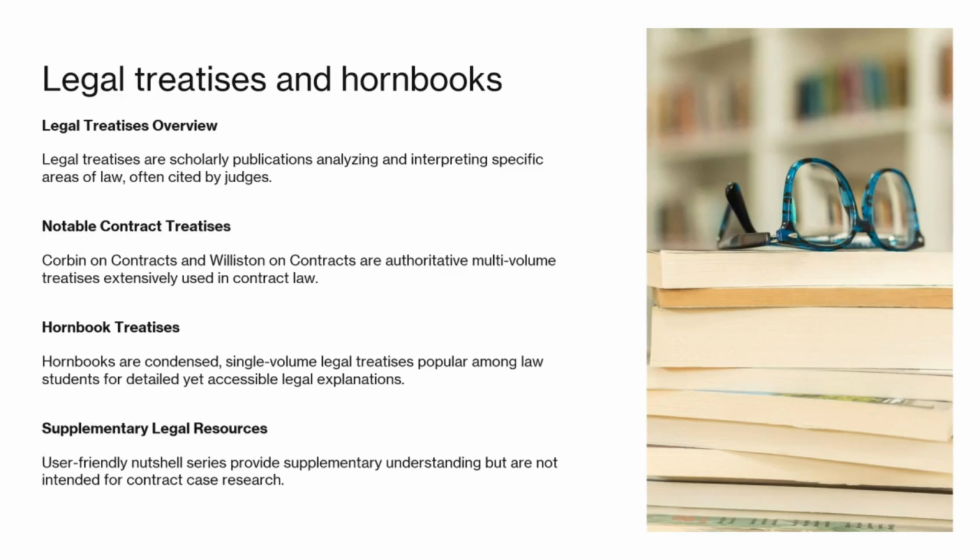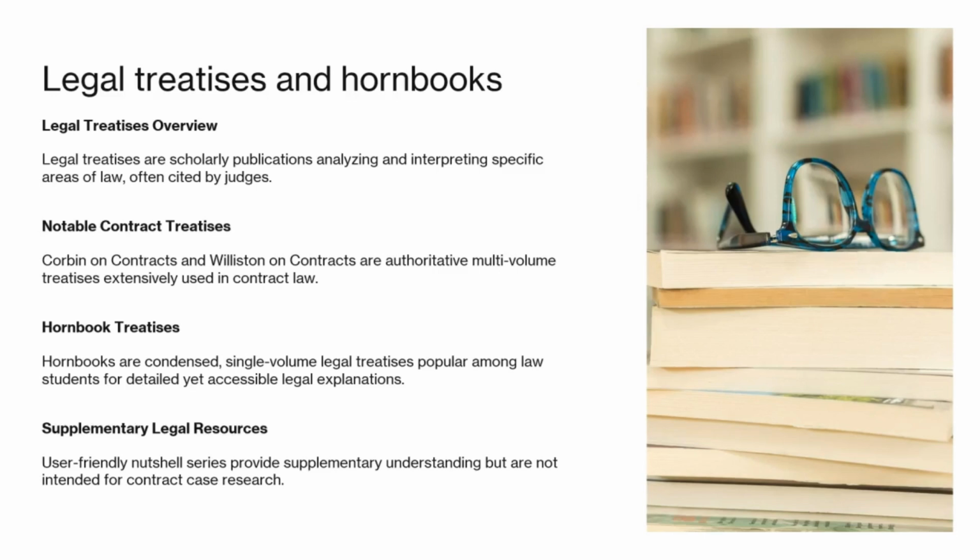We also can consult hornbook treatises, which are single-volume treatises that are often used in the law school setting. They offer some details, but a more condensed version than a legal treatise does. The leading hornbook for contracts is Contracts, the 7th edition, a Thomson Reuters West publication.